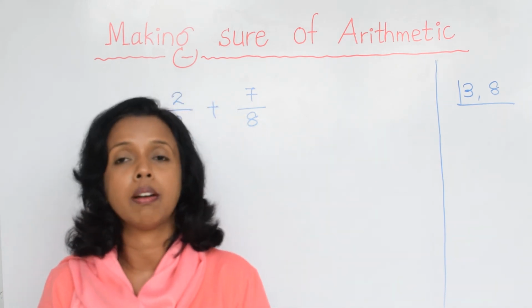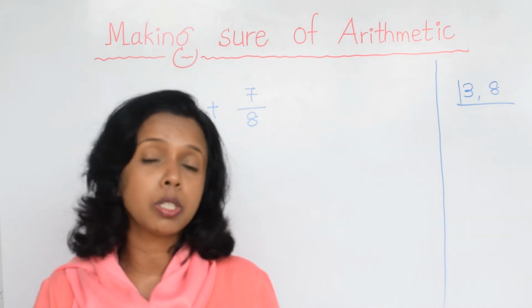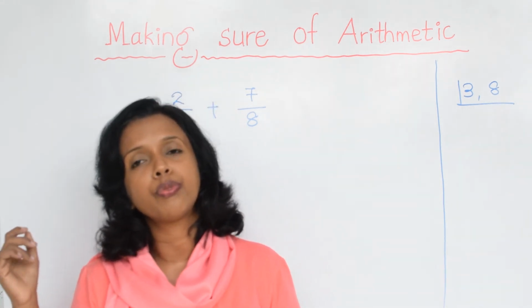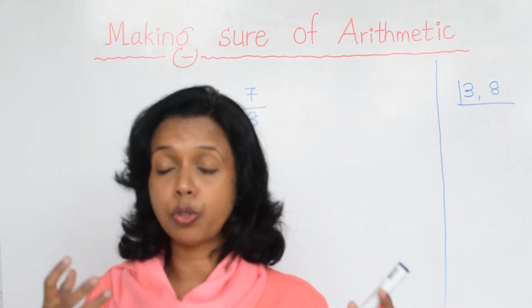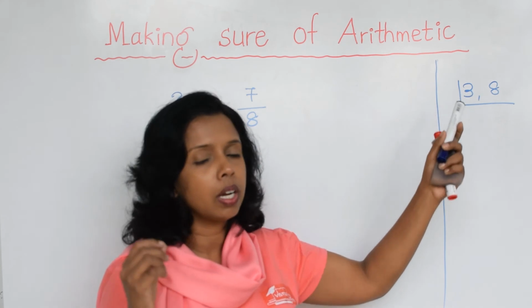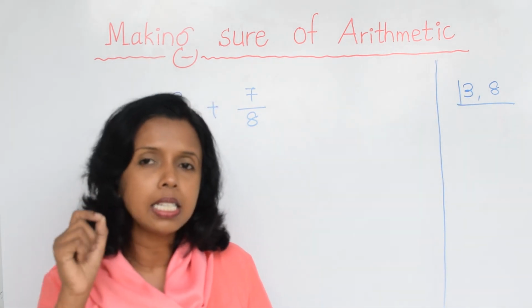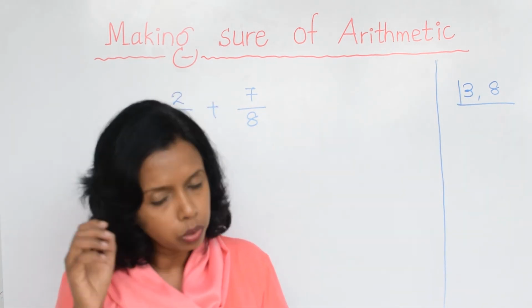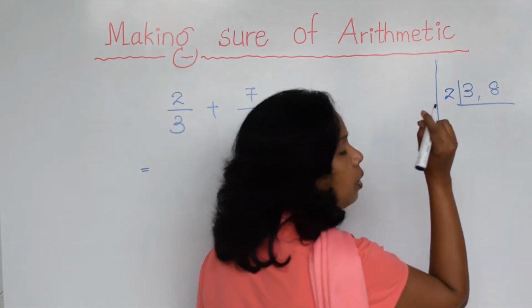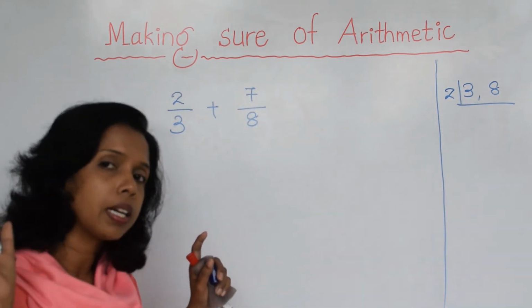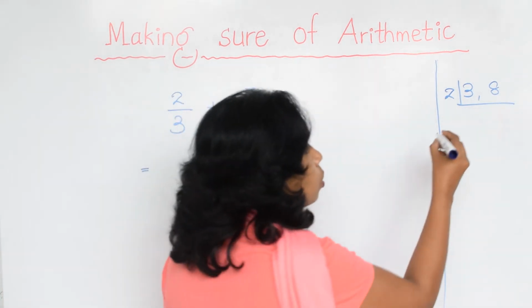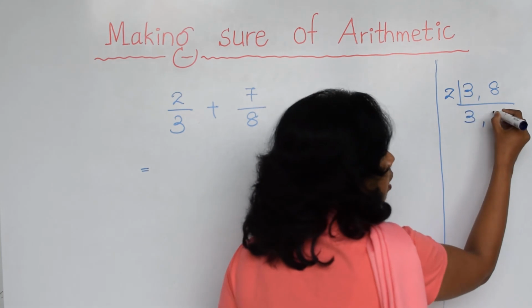Sometimes you have 3 numbers or 4 numbers to find the LCM, so whatever the number of numbers you have. Then you select at least one number you can divide by 2. You just take 2, right? Then 3, 3 cannot be divided. What I ask you to do, you just write as it is. You can't do anything. So you put 3 and here it is 4.